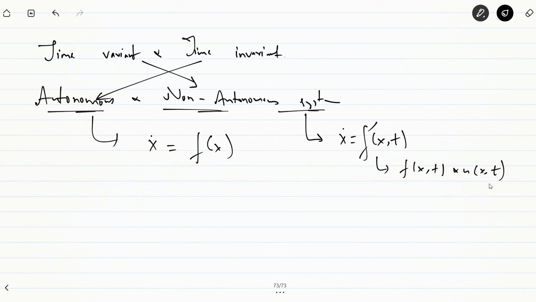So now this can be a case where your system is autonomous, but your control law is non-autonomous, due to which your overall closed loop system becomes non-autonomous. And it can be a case where your system is non-autonomous and your control law is autonomous, the overall system again becomes non-autonomous. Fine. So when we are talking about non-autonomous systems, we will be referring to closed loop dynamics of the system, not open loop dynamics of the system.